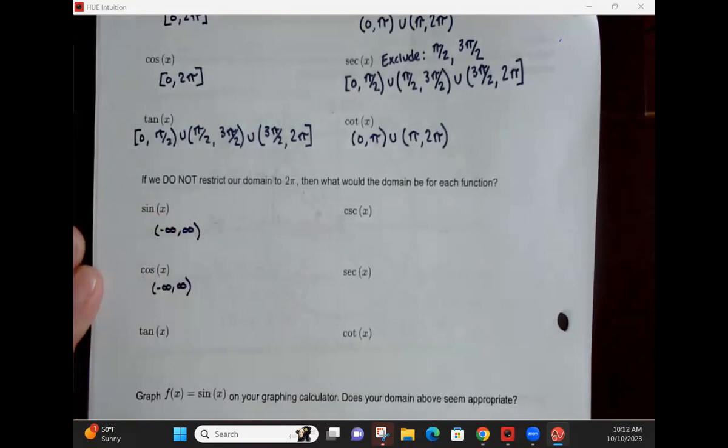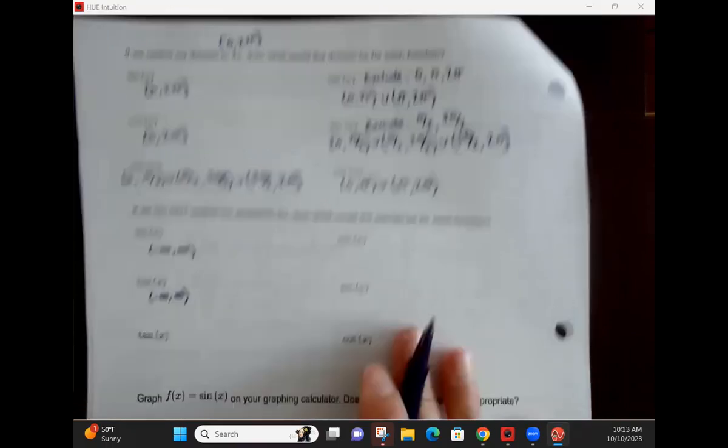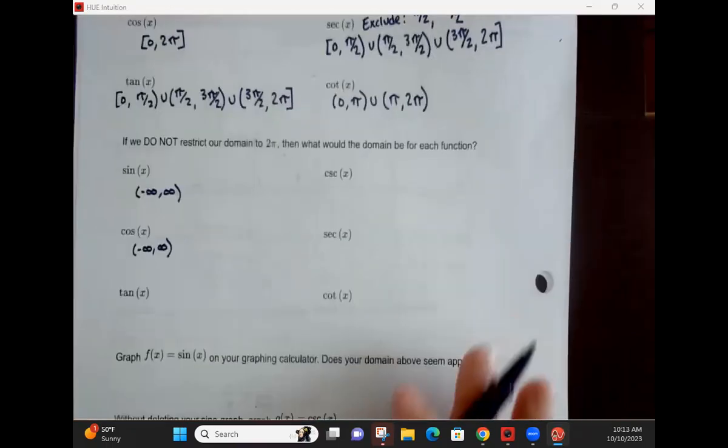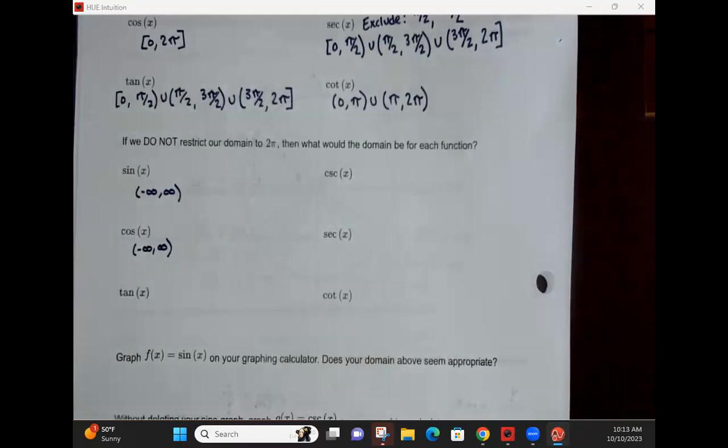The rest of our values get a little bit tricky because we don't have a finite amount of values to exclude. 2 pi, 3 pi, 4 pi. I could just keep counting by pi's. And if we've got negative angles, negative pi, negative 2 pi, negative 3 pi, negative 4 pi, pi over 2, 3 pi over 2, 5 pi over 2, 7 pi over 2. I could keep going on and on, okay? When I have an infinite amount of values to exclude, instead of writing interval notation like we have before, what we're going to do instead is say all real values except something.